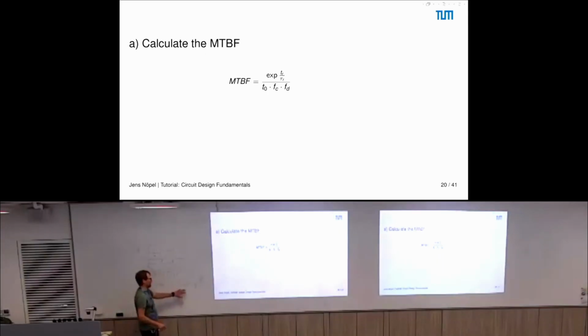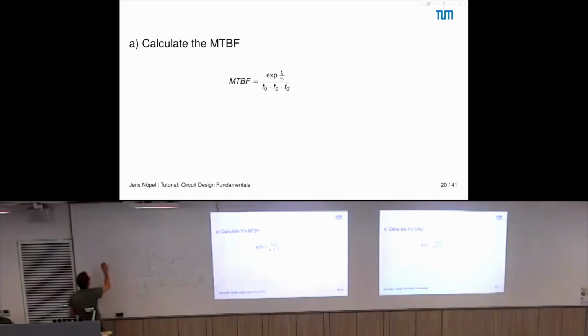And this describes the probability that we get an error per second if we multiply this with the frequency we sample, which is Fc. Yes? Fc is that one. So this is the sampling frequency, the clock of the second flip-flop, right?